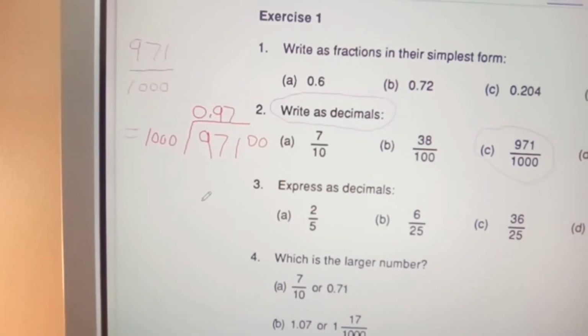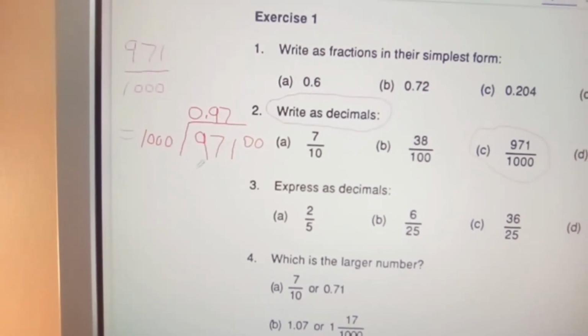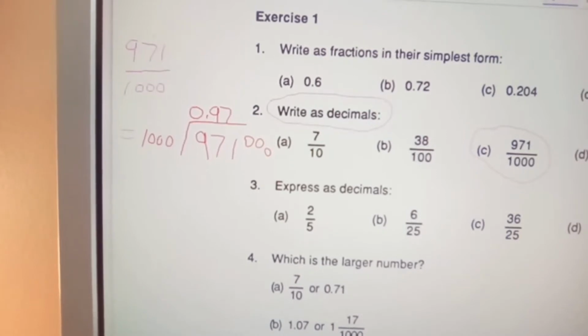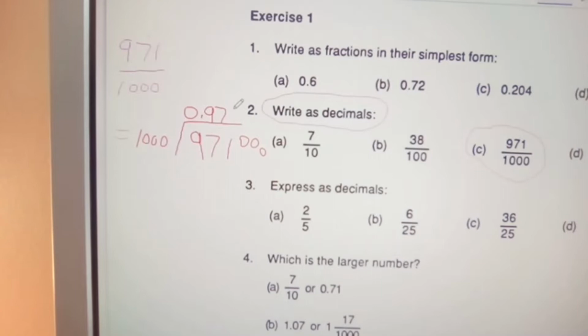Now that leaves 100 from 7,100. So 1,000 into 100 cannot go, so here again we have to add another 0. And that gives us 1,000 into 1,000 goes how many times? Once.